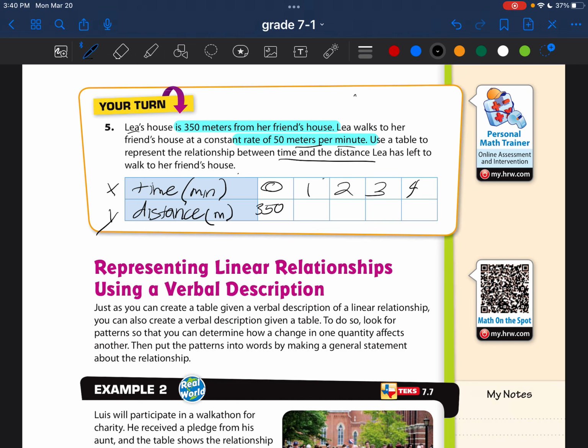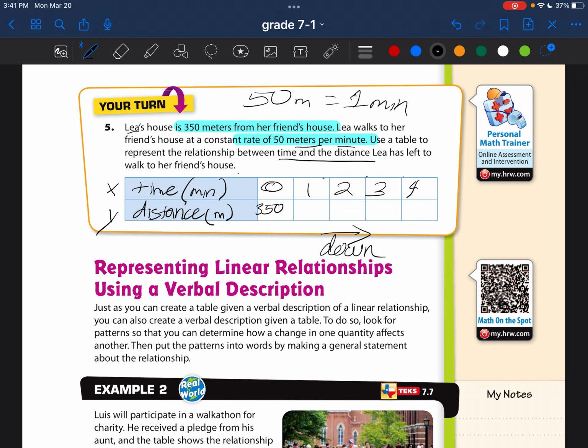Time will most likely always move up in increments of 1 unless it tells you specifically otherwise. Okay? So it says we are moving 50 meters every 1 minute. Okay, so if we are getting closer to somewhere, if we're moving this way and we're trying to get closer to her house, the number should be going up or down.